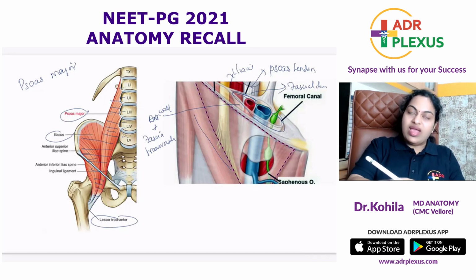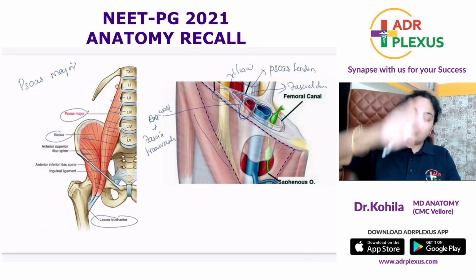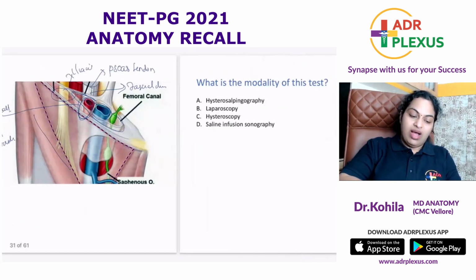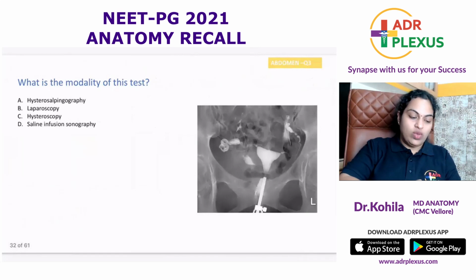The psoas tendon is anteriorly related to the femoral artery, posterior to the capsule of the hip joint, medially related to the femoral vein, laterally related to the femoral nerve. Because of the psoas fascia, which is open above, the abscess can track down in front of the muscle and move downwards into the upper part of your thigh and present as a swelling there.